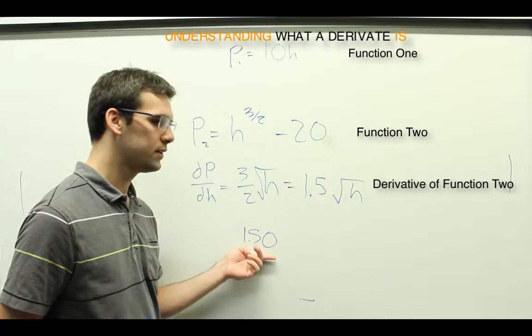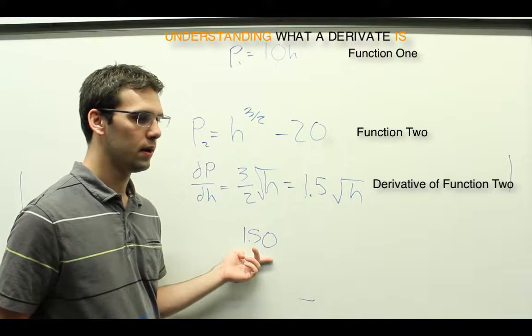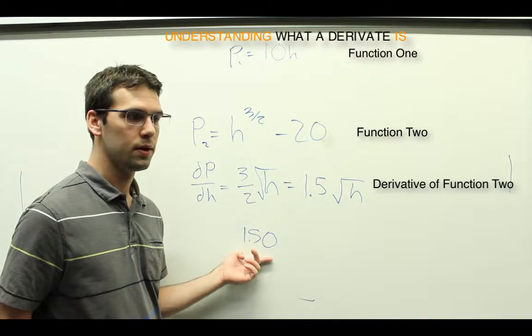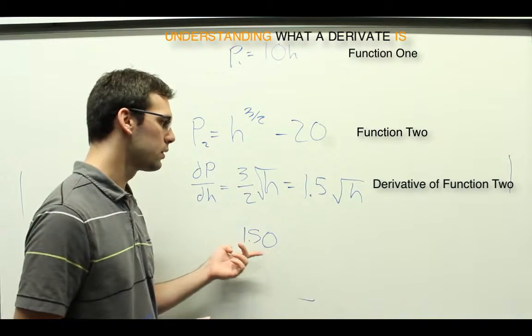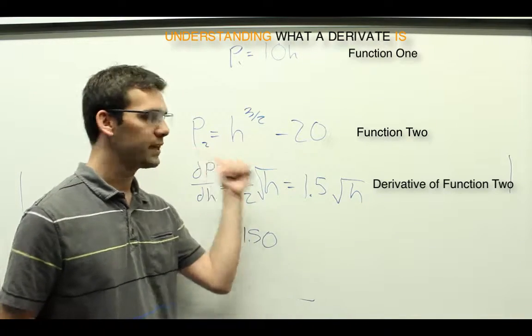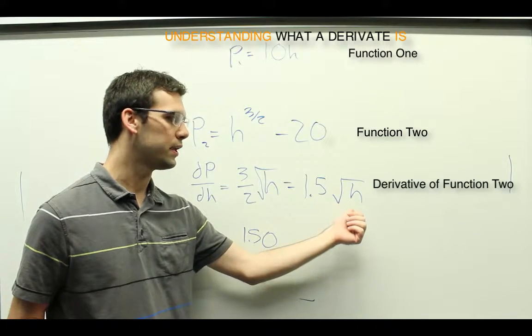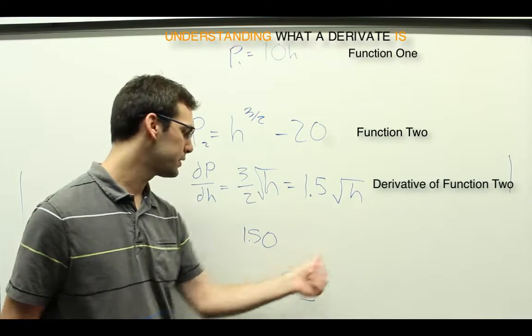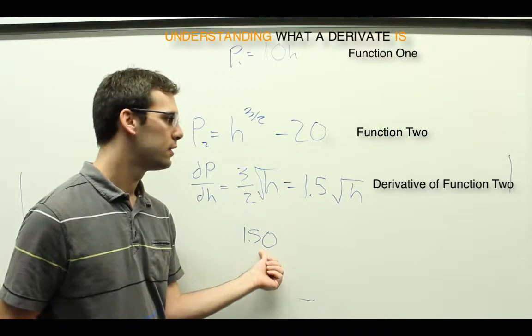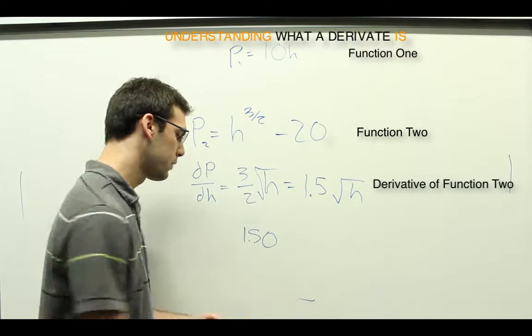And that's a good way to think about it, just conceptually, that the effect on our pay of an increase or decrease in the number of hours is $1.50 when we're at h equals 1.